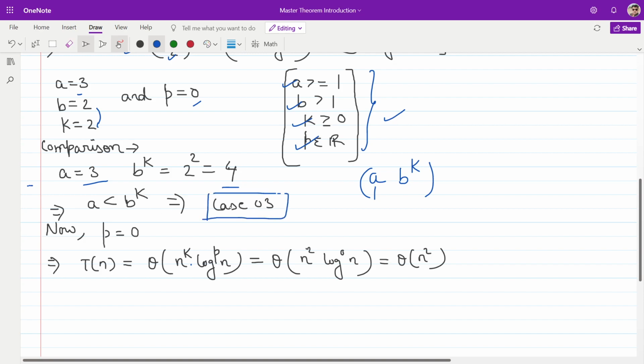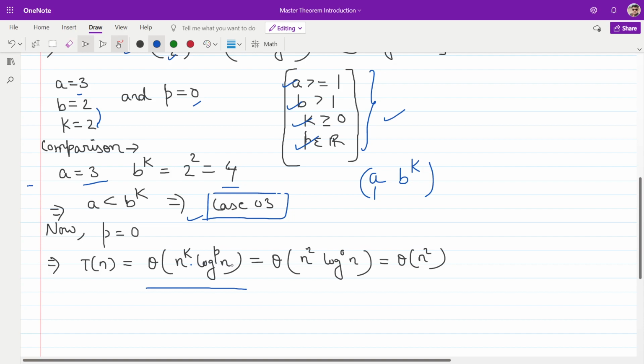Case 3 conforms to the situation when the value of a is less than b raised to the power k. Now I have to check the value of p. In this case p is equal to 0, which means our time complexity can be written in the form theta of n raised to the power k multiplied by log n raised to the power p.